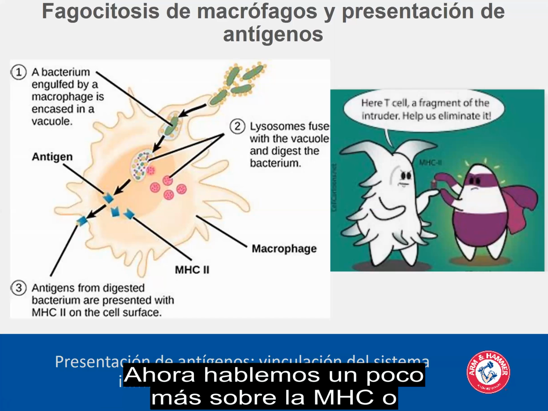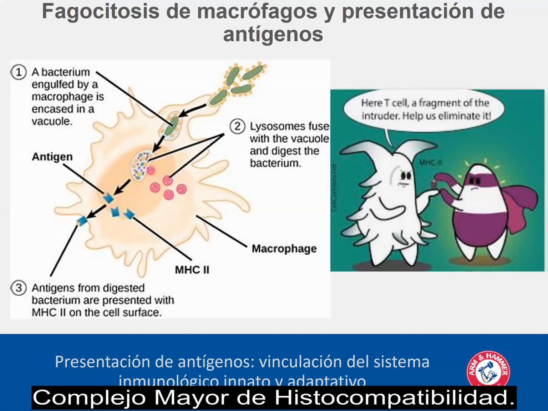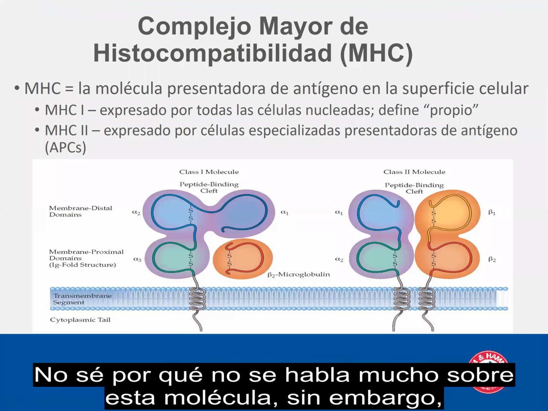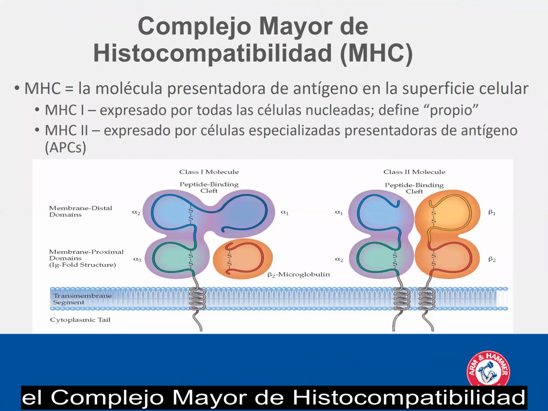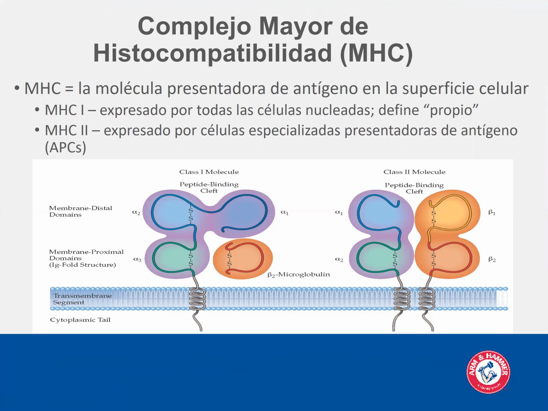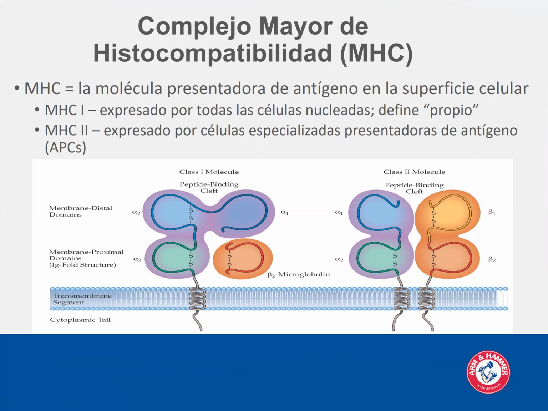So let's talk a little bit more about that MHC, or major histocompatibility complex. And I don't know that this gets talked about a lot, but this major histocompatibility complex is the antigen presenting molecule on the cell surface of immune cells. And it actually has two types. There's an MHC class 1 and an MHC class 2.